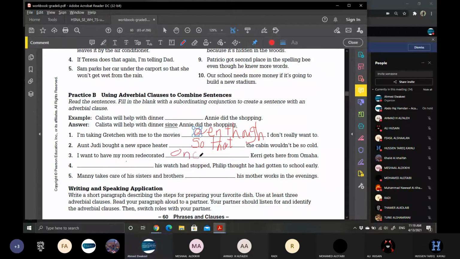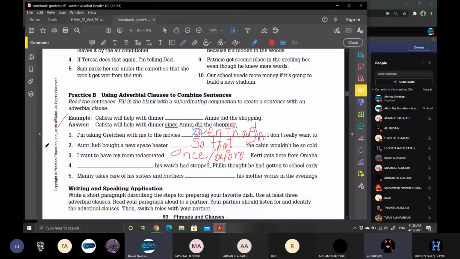Once Carrie gets here, or even you can write before. Both of them are correct. So practice B is not going to come in the quiz because the answer may vary, and I'm not bringing that in the quiz.